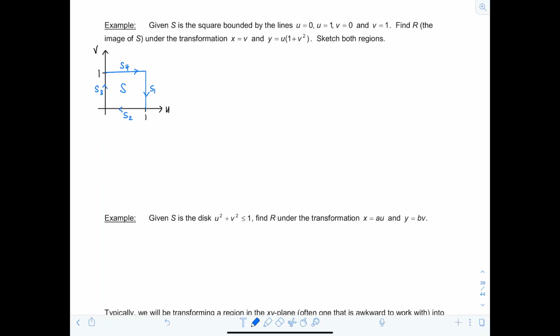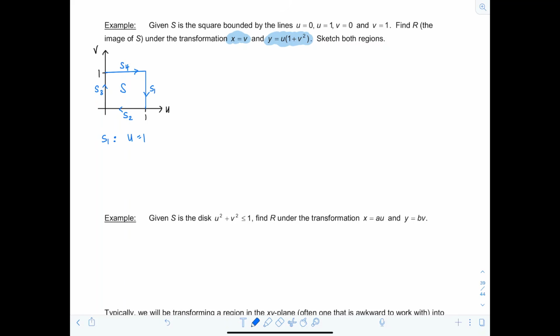Okay, so let's see how the transformation is going to take place. You do it by boundary piece at a time, meaning I'm going to take S1 and apply the transformation that was given here, that x is equal to v and y is equal to u times (1 plus v squared). So what's the equation for S1? Well, it's u equals 1.